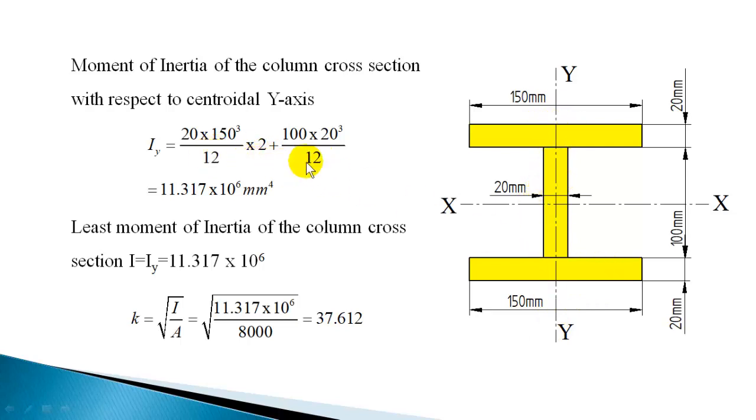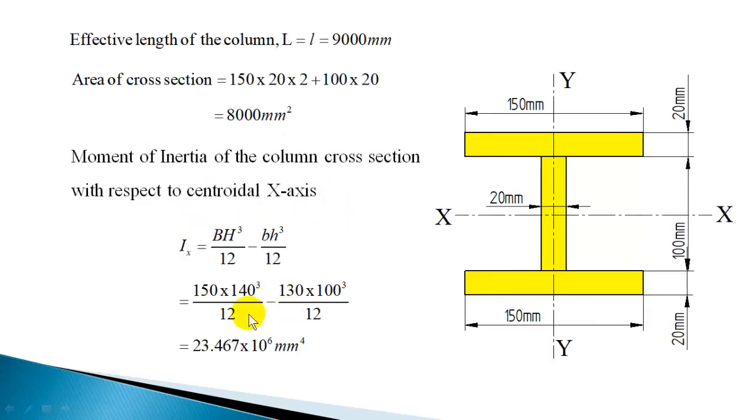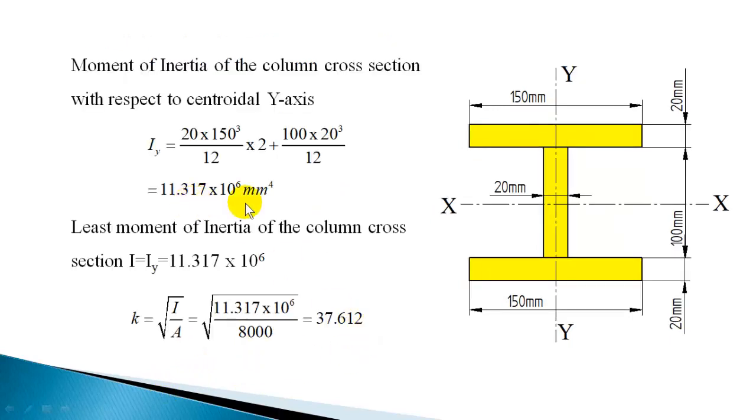So that gives the moment of inertia with respect to the centroidal y-axis: 11.317 into 10 raised to 6 mm to the power of 4. We can see that this value is the least compared to the other value. So with respect to the y-axis it has the least moment of inertia.